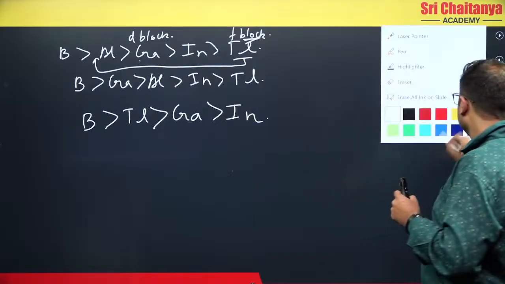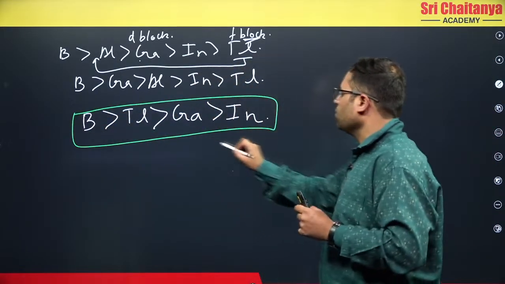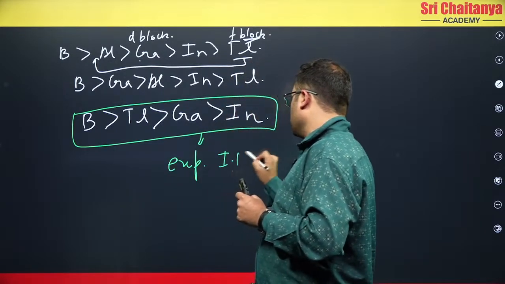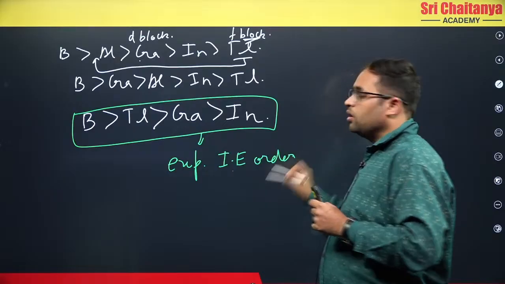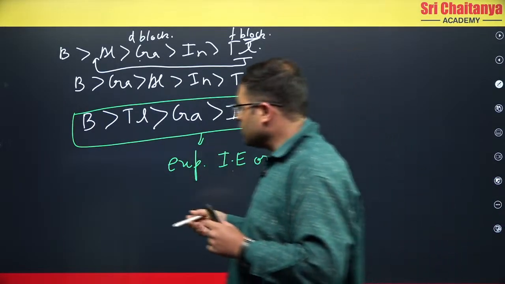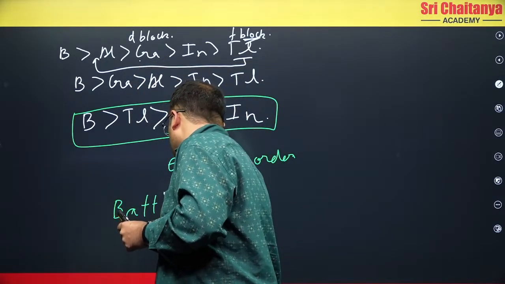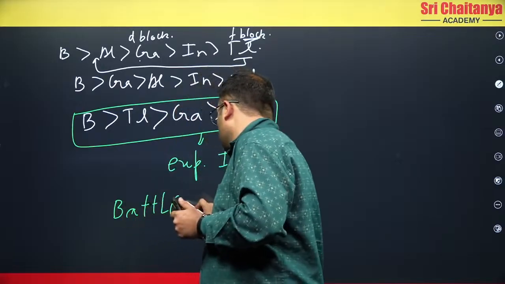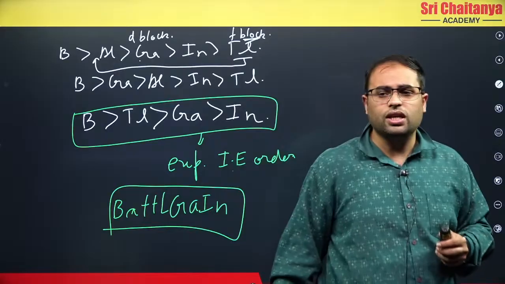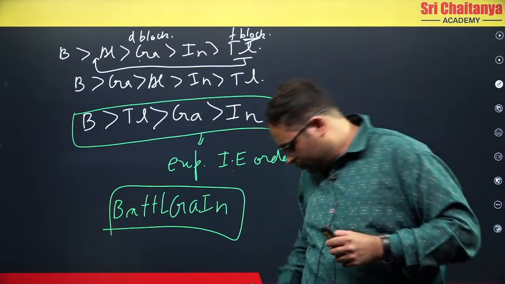This is your experimental ionization energy order. This you can remember based on what? This you can remember based on a mnemonic which I say, which is battle gain, right? Battle gain, right? If you do this, through this you can understand that, right?